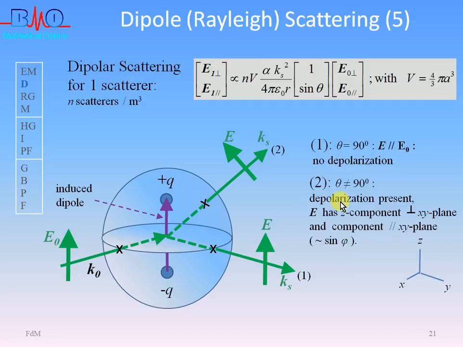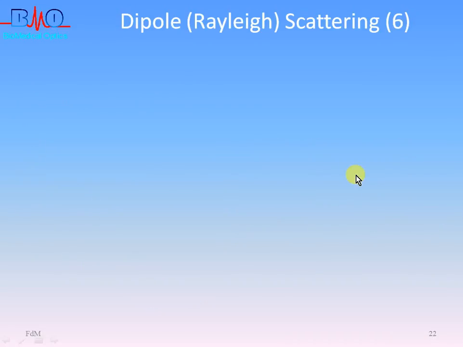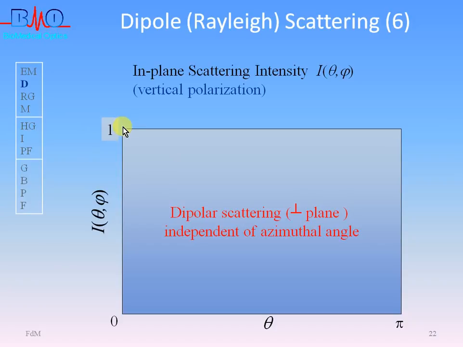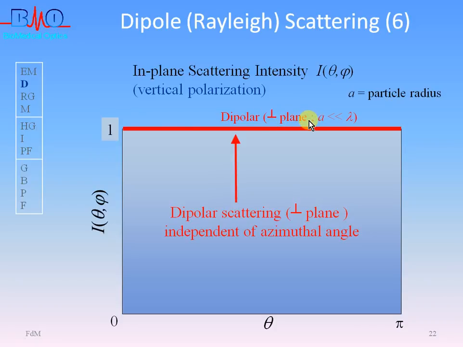But in situation 2 there will be depolarization because the E has two components: the Z component and the component parallel to the XY plane. When we draw a plot of the intensity as a function of the polar angle, then for the perpendicular case, the non-depolarization case, we have a straight constant function here.